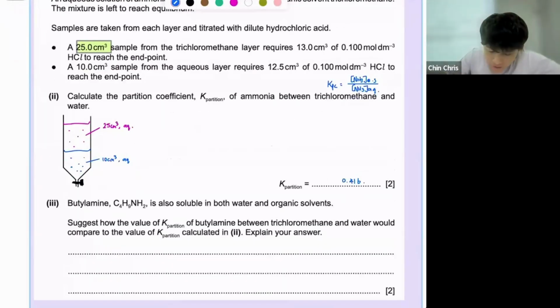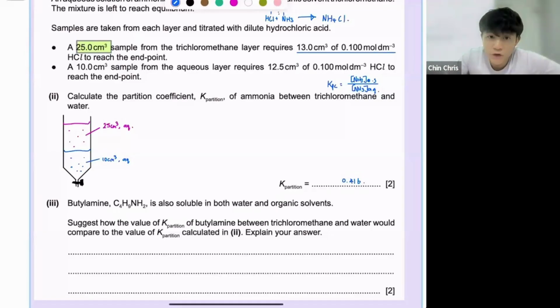So guys, they say it requires this amount of HCl to reach the endpoint, because HCl plus NH3 turns into NH4Cl. So your mole of HCl and NH3 are in the same ratio, which means mole of NH3 equals mole of HCl.